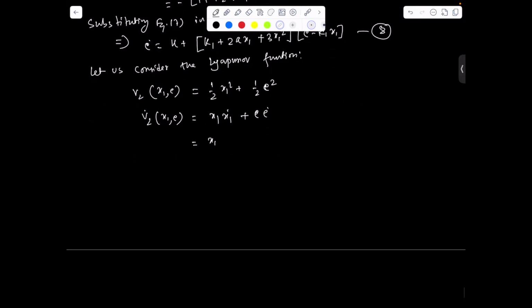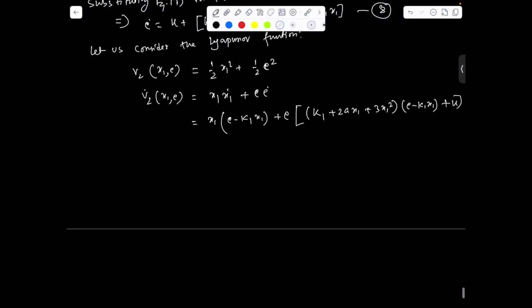So we can write x1 times e minus k1 x1, already we have the x1 dot dynamics, plus e times the expression of e dot here, which is k1 plus 2a x1 plus 3x1 square into e minus k1 x1 plus u.